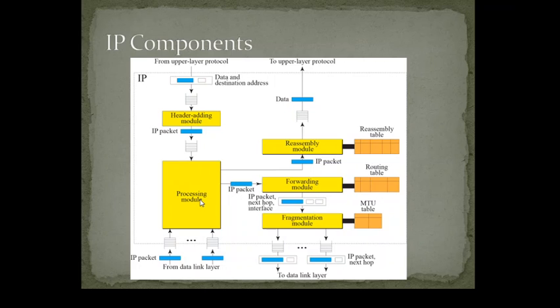If it needs to be fragmented, it will add the fragmentation details and fragment the packet. Otherwise, it does whatever is needed and forwards it to the data link layer. So if you are going to design this IP module, you will have to keep these things in mind. That is only for IP.